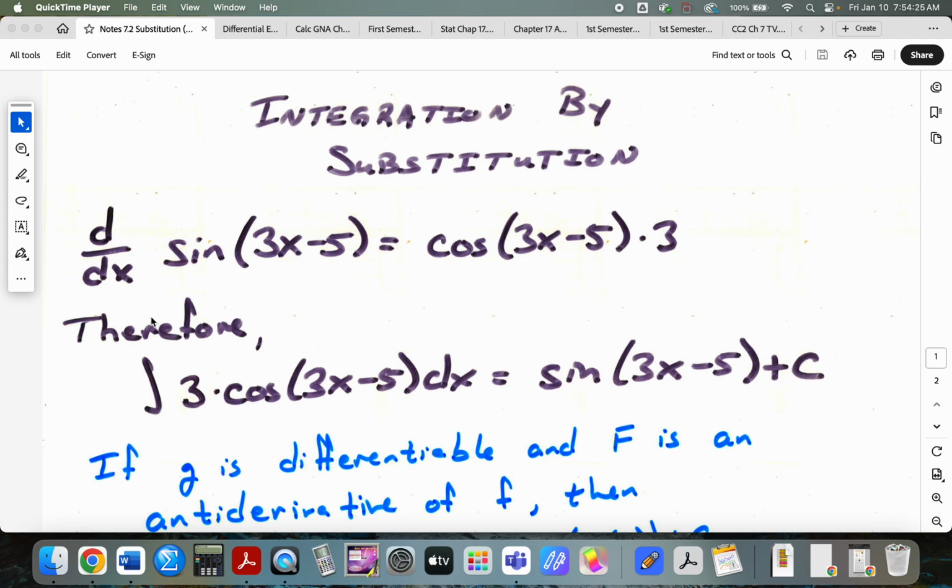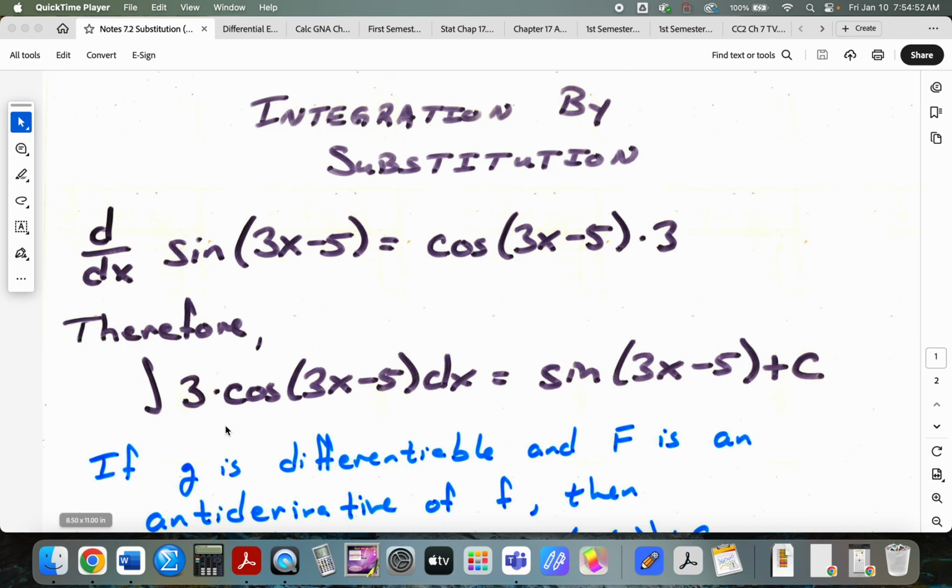So notice that if we take the derivative with respect to x of sine of the quantity 3x minus 5, we get cosine of the quantity 3x minus 5 times 3, right? And since derivatives and integrals are, I'm going to put air quotes around this, inverses, they're not really inverse functions of one another, but they undo one another.